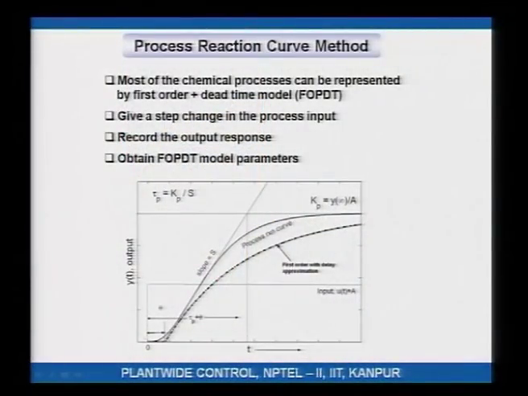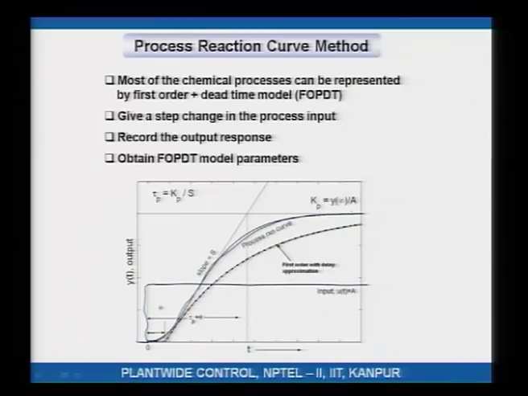So, in the process reaction curve method, your loop is opened, that means the controller is not on, you give a step change to the input, and here is the step change. In response to that step change, you record the output response, and this is the output response that you have, this line over here.